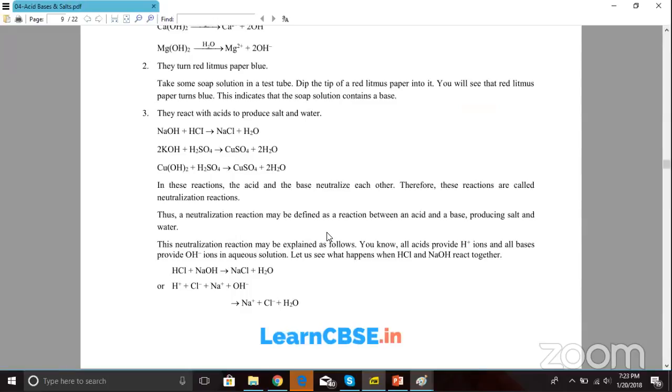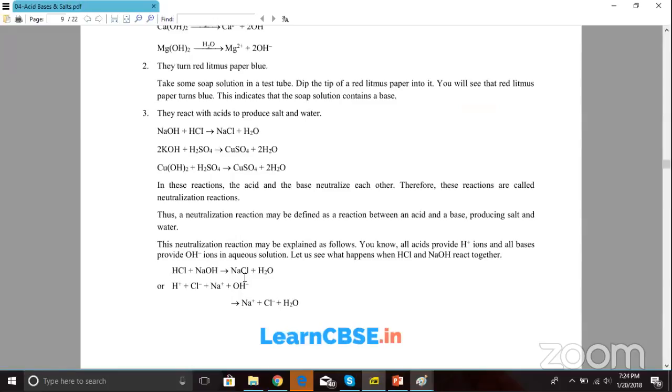The neutralization reaction may be defined as the reaction between an acid and a base which produces salt and water. Now we are going to give an explanation. Here HCl plus NaOH gives NaCl plus water. When we dissolve HCl in water, it splits into H+ and Cl- ions. NaOH dissolved in water splits into Na+ plus OH- ions.